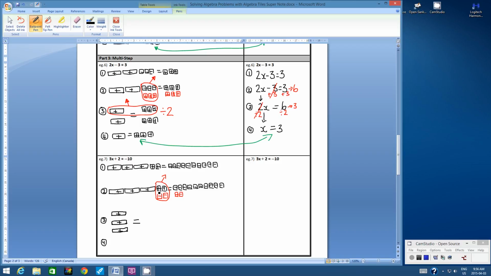Now on the right-hand side, we have 1, 2, 3, 4, 5, 6, 7, 8, 9, 10, 11, 12 negative tiles. Well, how would you separate 12 negative tiles into 3 even groups? Well, hopefully you would put 4 negative tiles in each group.